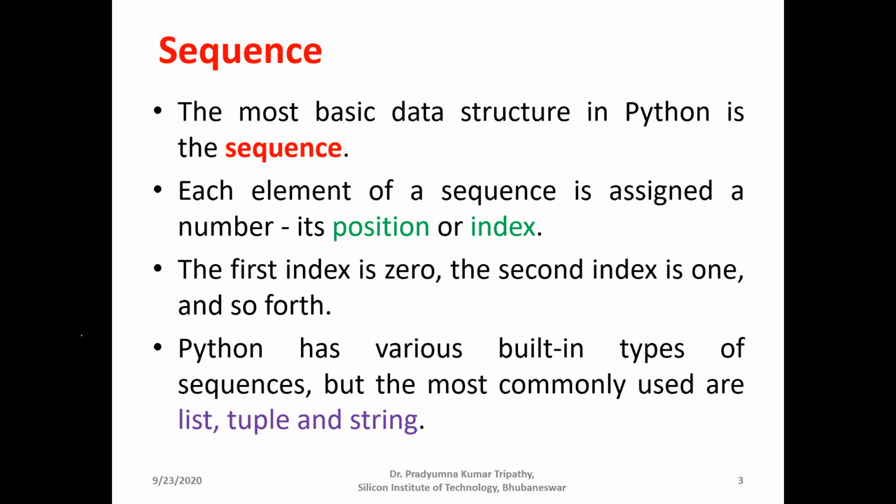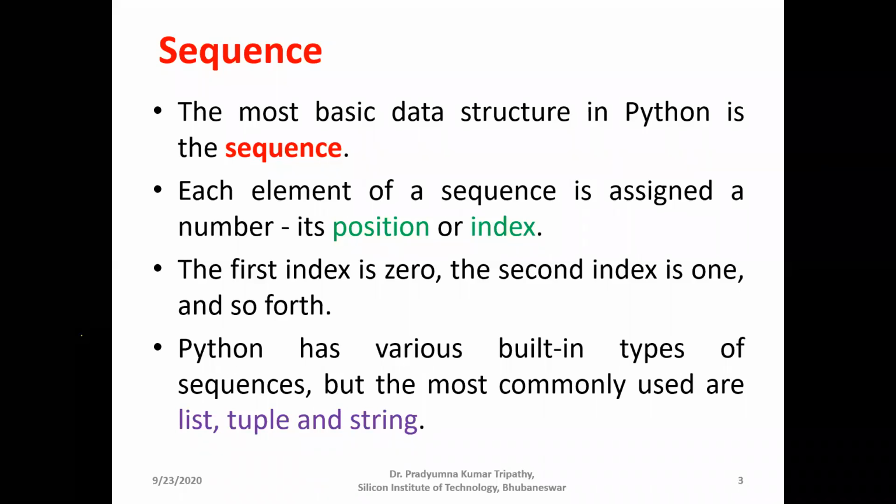I will use a list, meaning a number of items I will store somewhere in a list. So that is a sequence. So if you are going to store a set of items, then it is known as a sequence.